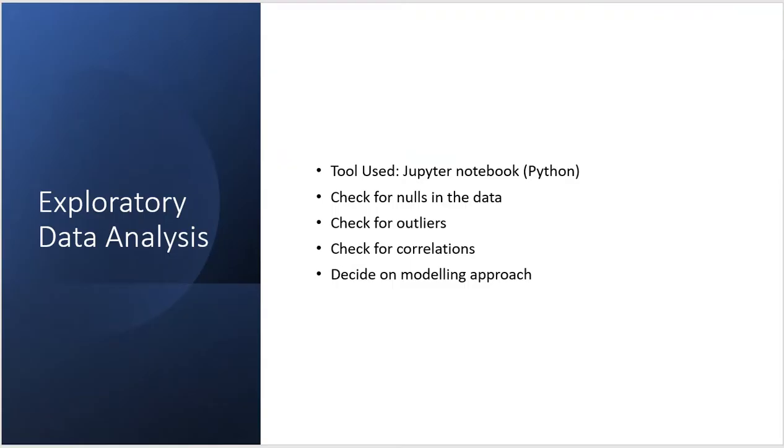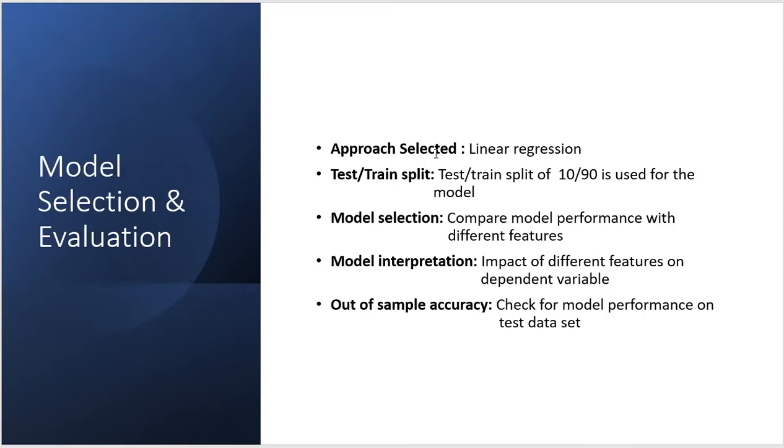So based on the correlations that we just saw, I have selected linear regression as the approach to model power output. And for this, we will be splitting the data set into test and training data sets in the ratio of 10 to 90, where 90% of the observations will go to the training data set, and that will be used to predict power output.